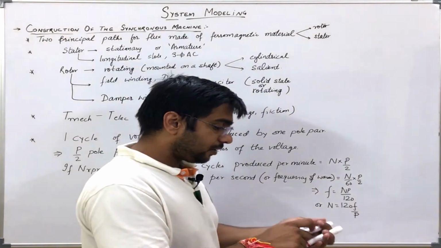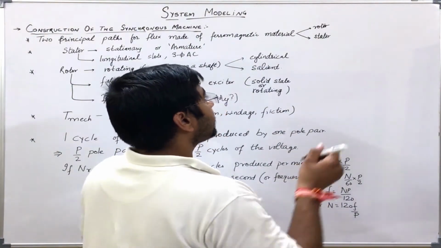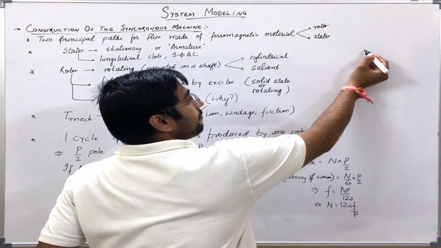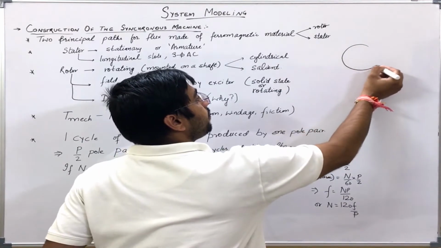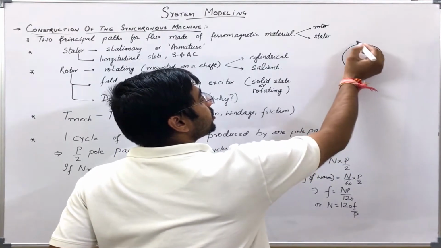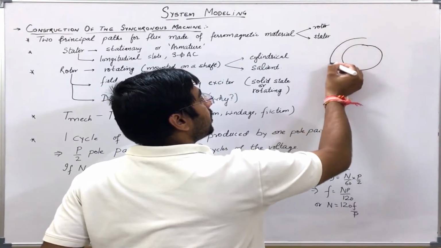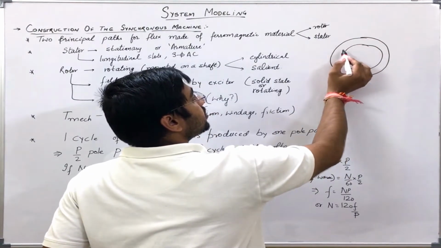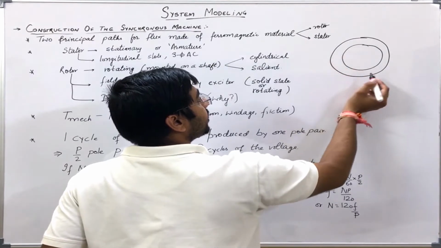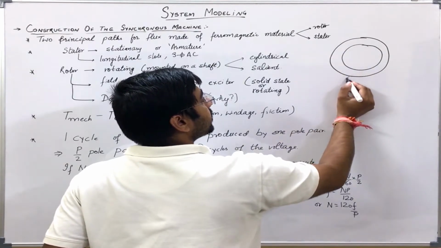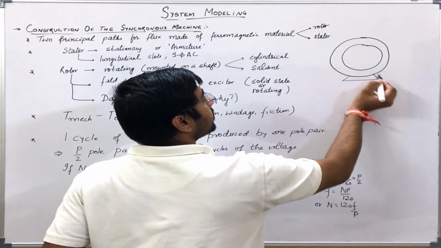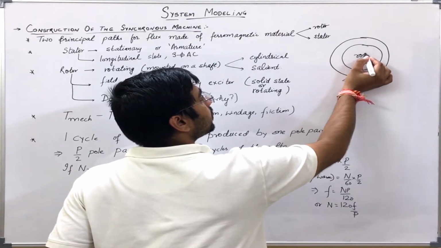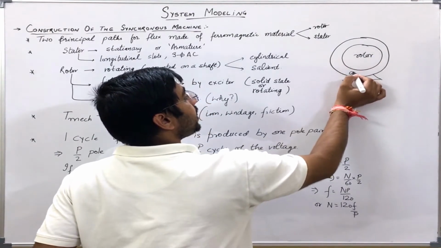Like if I try to show here, let us say this is the front side, this is the rotor, and this is the air gap, and this is the stator. Let us say this is the stator, this will be the rotor, this will be the air gap.